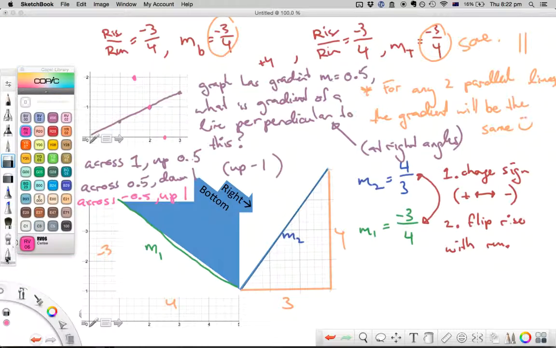So we can see here that we had originally across 1, up 0.5, and then when we flipped it, we had to change the sign of either this one or this one. In this case, we change the sign of the second number, and we also have to flip the rise with the run. So instead of 1, we had 0.5 here, and instead of 0.5 here, we had 1 here, and we could do it this way as well. And that's going to produce this line as well.